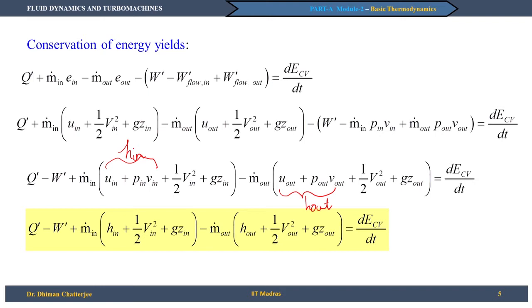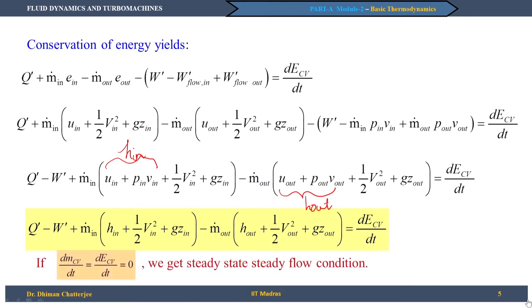But I have already told you that in turbo machines we talk about steady state steady flow, which means there is no accumulation of mass, there is no accumulation of energy, and hence dmCV dt is equal to dECV dt is equal to 0. This is the steady state steady flow condition, which means we can simplify the expressions that we have got.